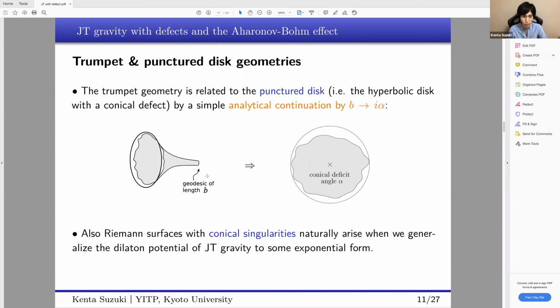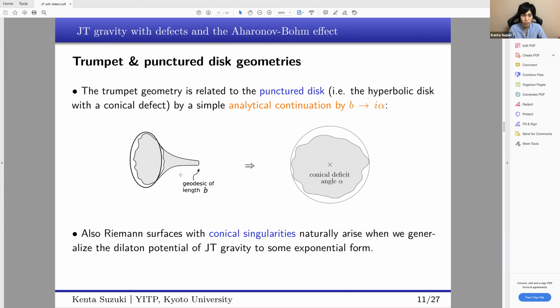But just before that, in the previous discussion, we saw that this trumpet geometry plays a crucial role in constructing the topological expansion for JT gravity. So it's interesting to study other topologies as well.